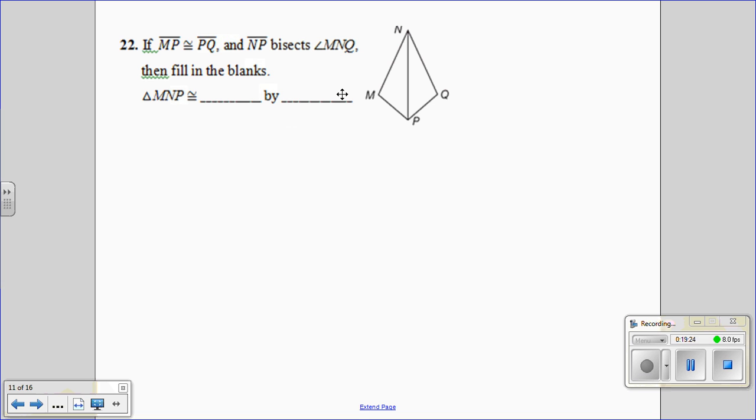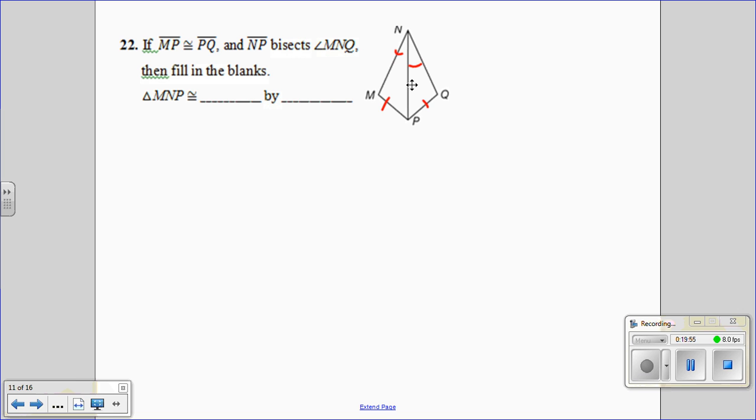Number 22. Segment MP is congruent to segment PQ. So let's mark them congruent. NP bisects angle MNQ. So let's mark those two congruent angles. Then fill in the blank. Well, we know that one side is congruent, and we know that one angle is congruent. However, that's not enough information.